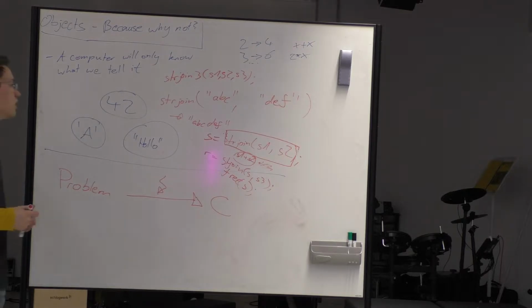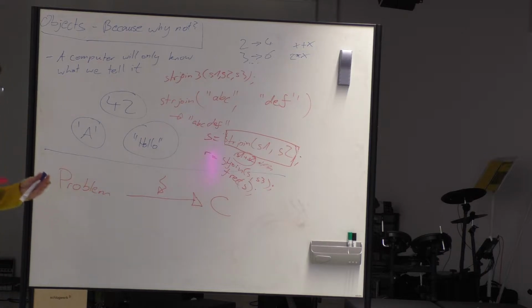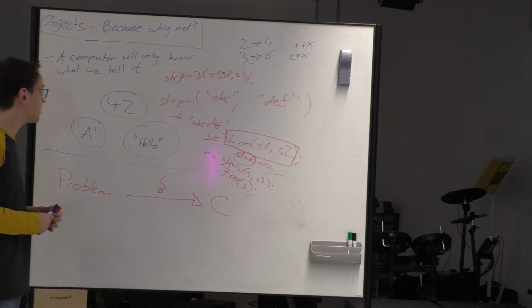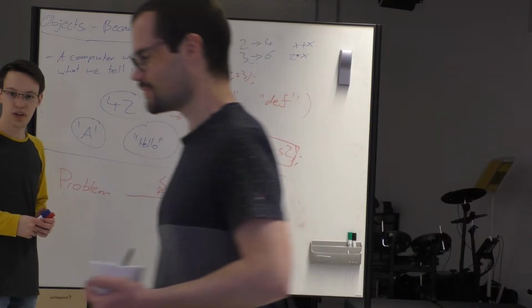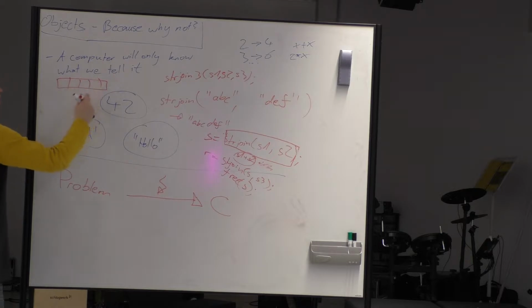If you have maybe 40 different strings, or 42, let's do it like this, and you want to join all of these strings together, the general problem that you have is, if you're trying to join these strings, you need some kind of algorithm that deals with n objects.